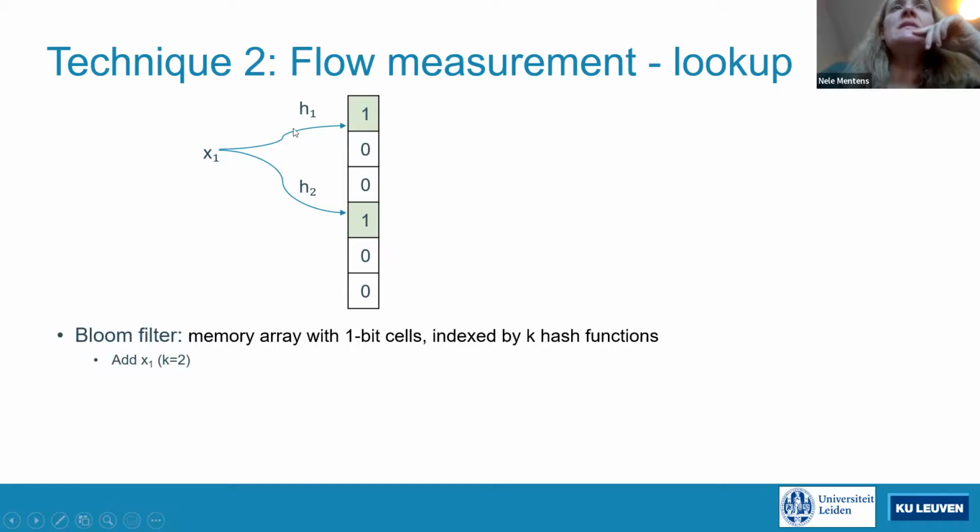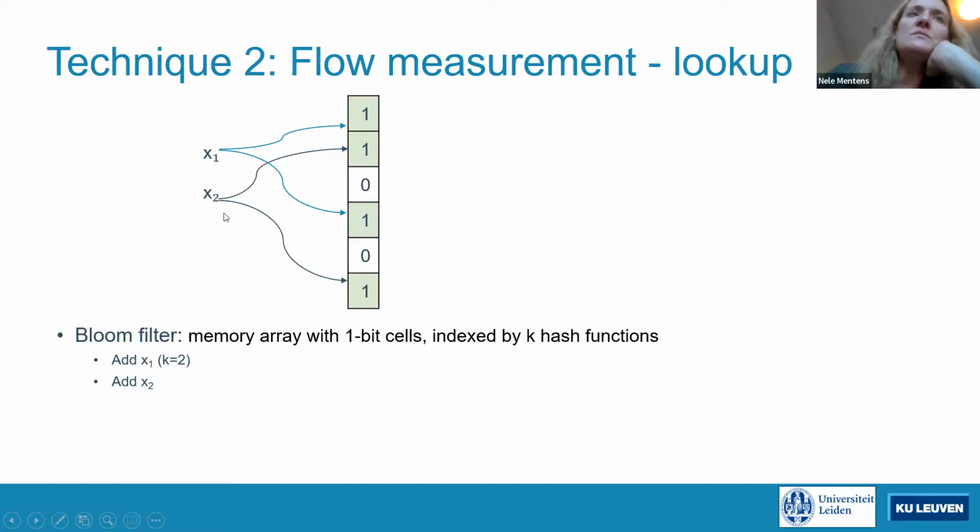Hash function 1 results in a certain value, and that value is used as the address in this memory array, and at that address we will store a 1. We use hash function 2, which also results in a hash value, used as an address in which we store a 1.